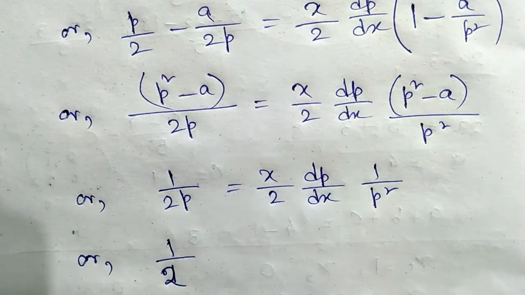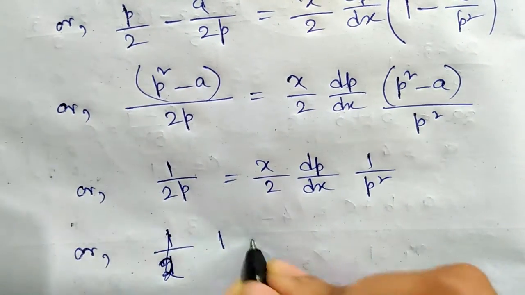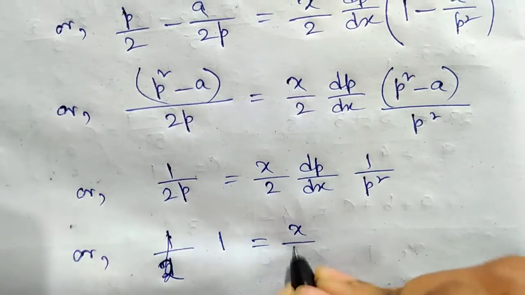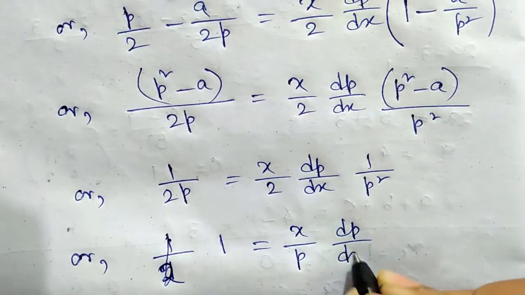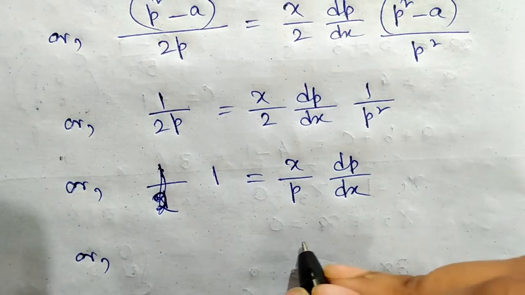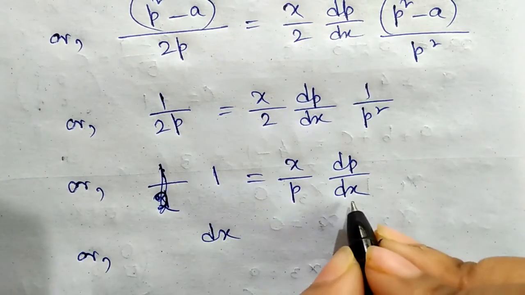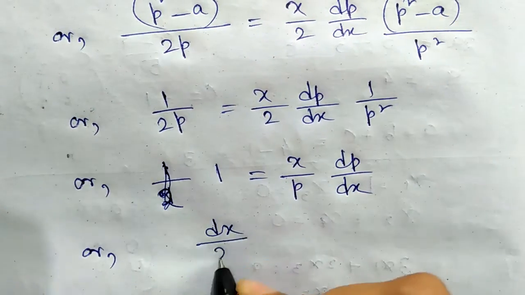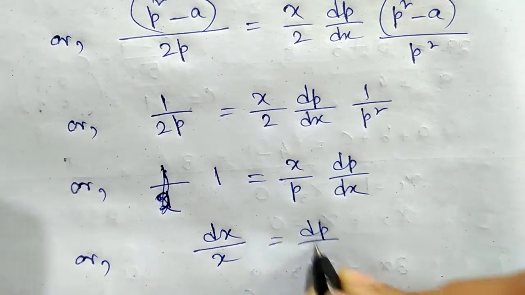2p and 2p square, so we can write 1 equal to x by p dp dx. Simplifying this, we get dx by x equal to dp by p.